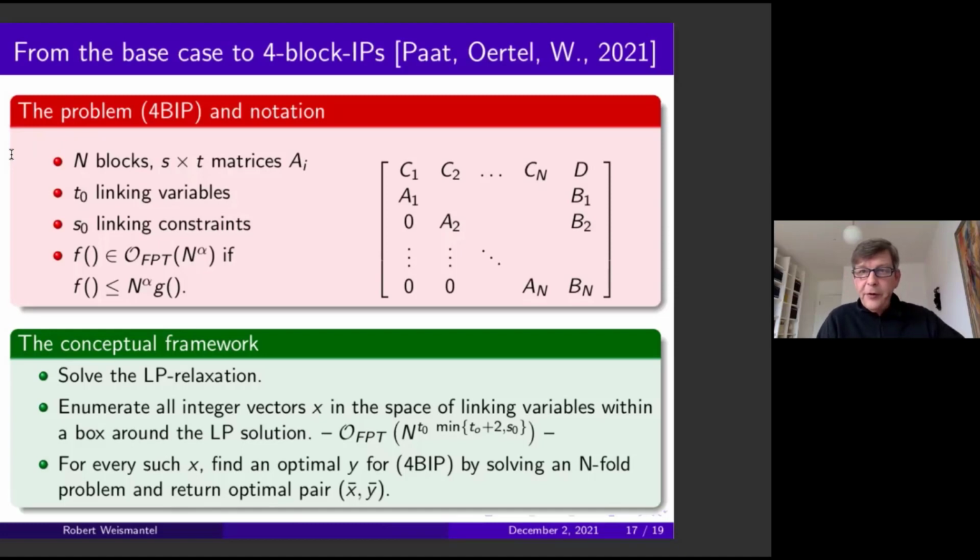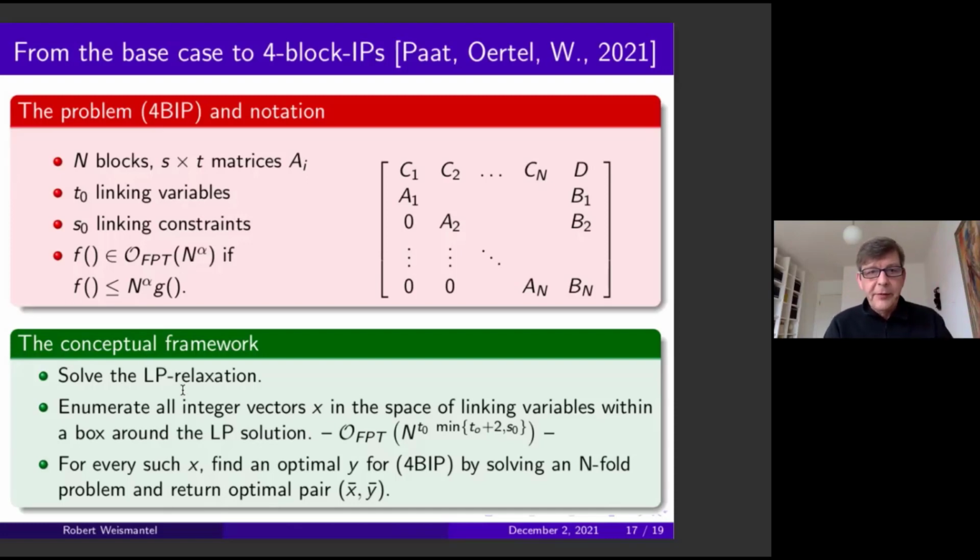This is the number of constraints in the matrices C1 up to C capital N. So when I now write f is in O_FPT of n to the alpha, then what I really mean is that the function is at most n to the power of alpha times a function g, which depends on the parameters. So the conceptual framework is the following.